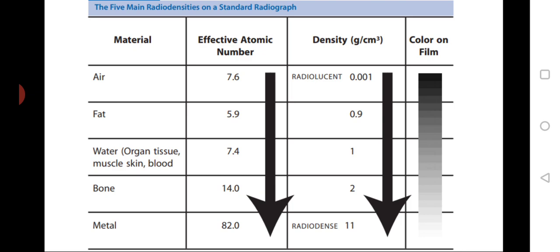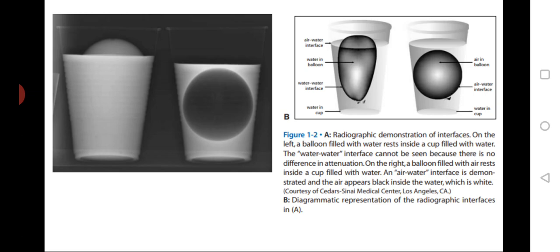So the more dense the tissue is, the less of the rays would get through, and the less of them we would see in the end. So it is critical to think about this.